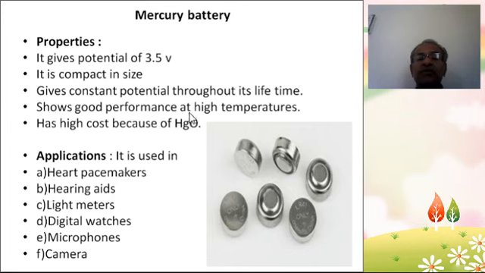It shows good performance at high temperatures and has a high cost because of the mercury oxide. As far as the applications are concerned, it is used in heart pacemakers. It is also used in hearing aids, as the size is very small. It is also used in light meters, digital watches, microphones and cameras.